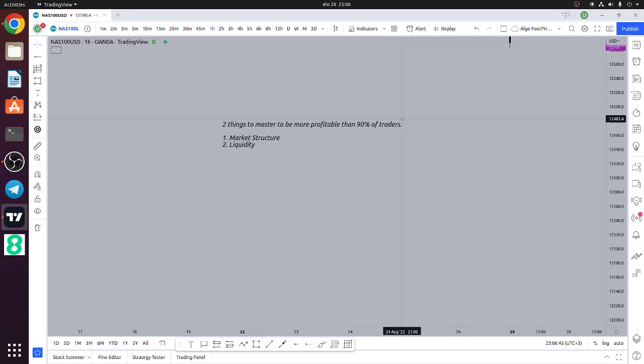The kind of traders I'm talking about are those who, out of 10 trades, win 3 or 4, maybe 5, which is not bad if you have a higher risk to reward ratio.